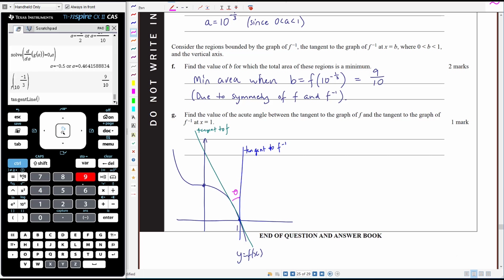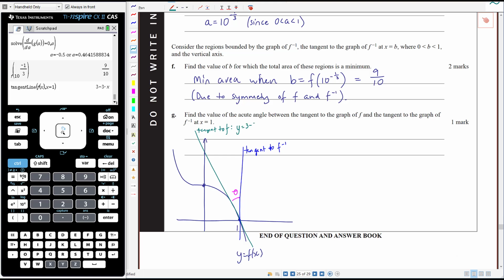Okay, so we can easily enough find the equation of the tangent to f when x equals 1. So let's do menu 49. Tangent to f of x when x equals 1 is that. Okay, so this is y equals 3 minus 3x. Okay, and so therefore this is the point (0, 3). So what we might do is, instead of focusing on the angle between the two curves, let's maybe focus on that.